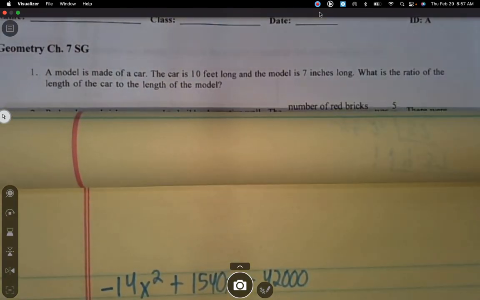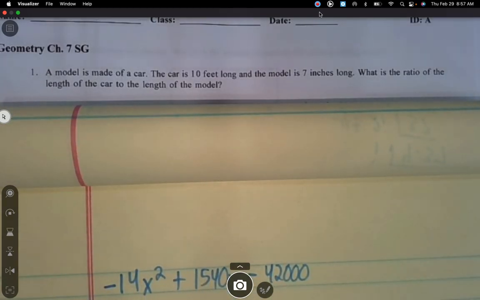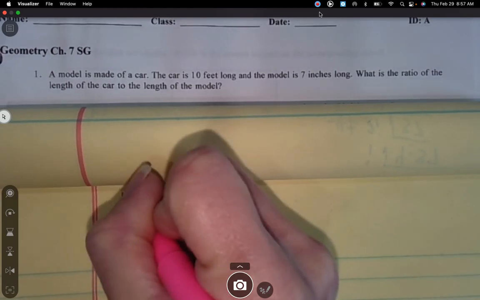Number 1, it says you have a model car. It's 10 feet long, and the model is 7 inches. This is the only problem on the test, if this one's on the test, that wants you just to change your conversions. Instead of feet, it wants inches. So you just multiply that by 12. What is 10 times 12? 120.